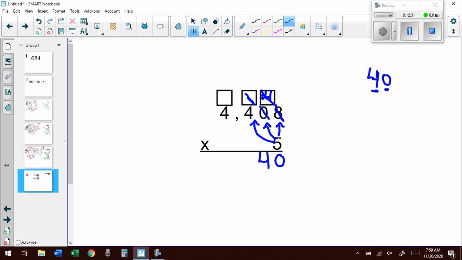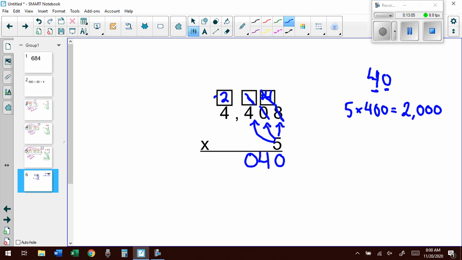But instead of this, it's actually 5 times 400, because this 4 is in the hundreds place. 5 times 400 would actually be 2,000. So in the hundreds place of your product, we're going to have 0, and then up in the thousands, we're going to have 2.